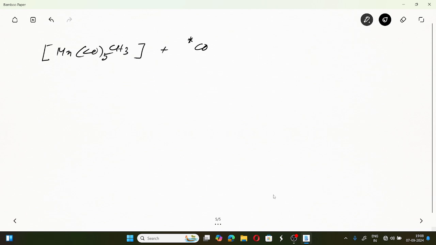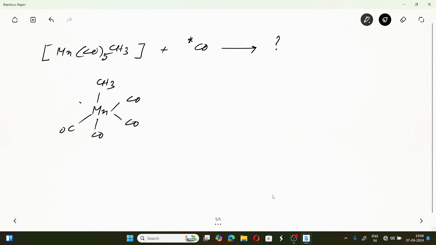They will ask what the product should be, giving you four options A, B, C, D. You have to understand that in this case there will be a migratory insertion reaction. How? You will look at it: suppose this is the methyl group and these are the carbonyls.